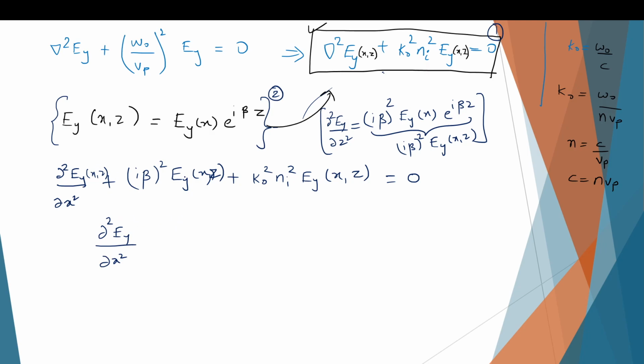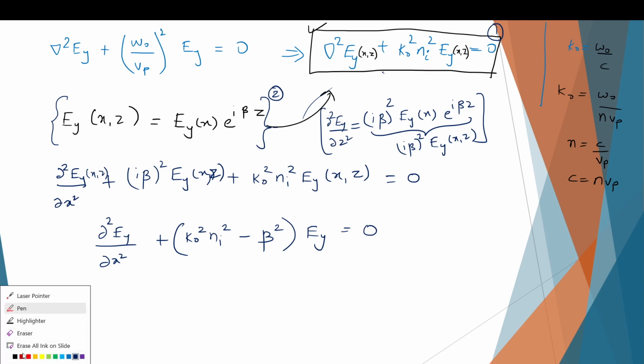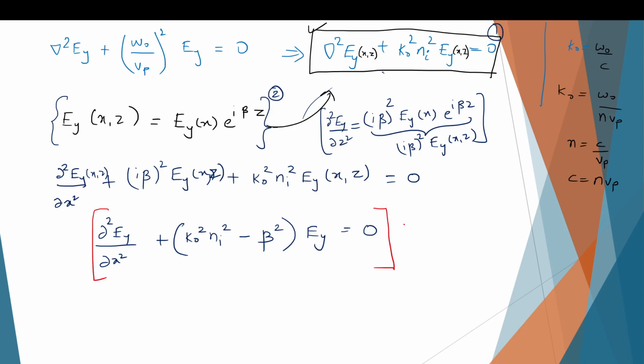I can just write it as Ey plus k naught square ni square minus beta square, because I square is minus 1, Ey is equal to 0. So finally we have come till here. This is our final wave equation for the transverse electric field.